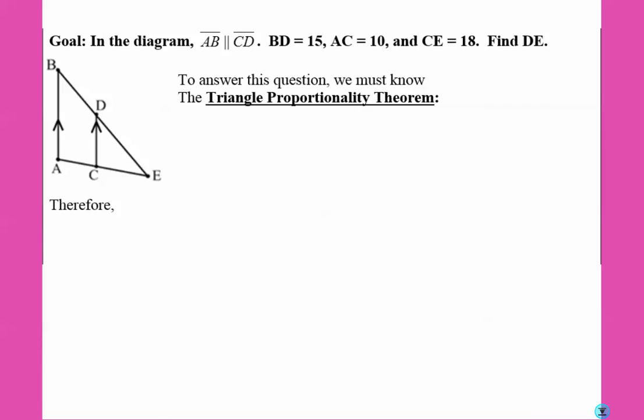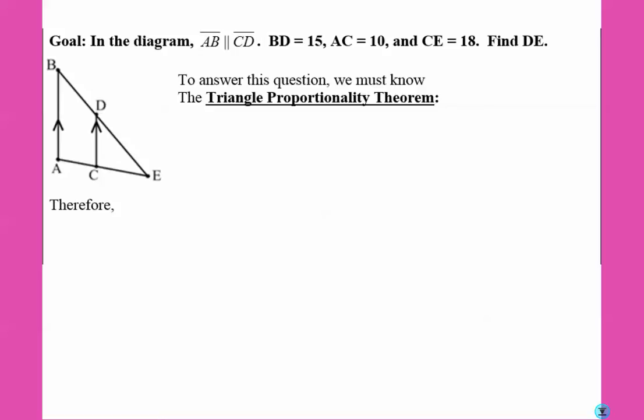So in our first example, in the diagram AB is parallel to CD, BD equals 15, AC equals 10, and CE equals 18. Find DE. To answer this question, we must know the triangle proportionality theorem.